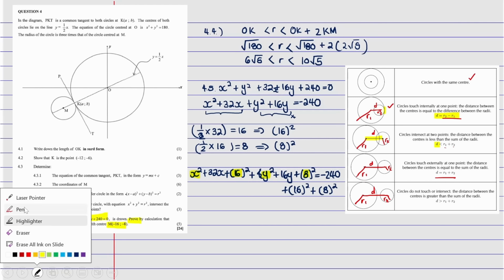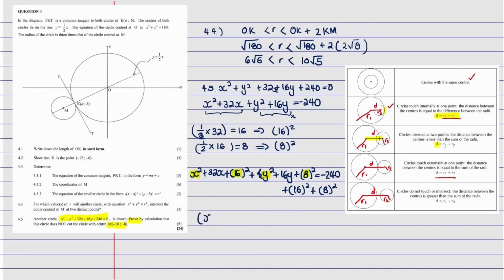So it's going to be the same as (x plus 16) all squared, plus (y plus 8) squared, is equal to negative 240 plus 16 squared plus 8 squared, which gives 80. So this is going to be your new circle.